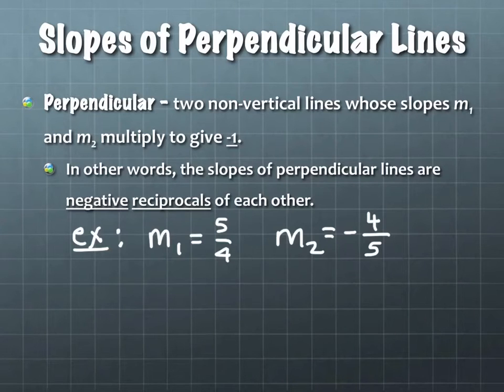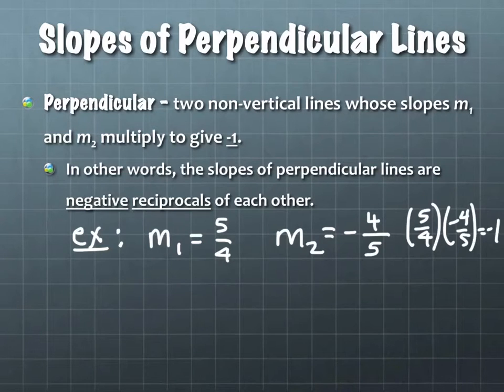Those are negative reciprocals. Now, if you think about what it's saying at the beginning, if I multiply 5/4 by -4/5, I will get -1. Do I? Yeah, I do. So that's actually the description your book is using, the first one. When you multiply the negative reciprocals together, you get -1.